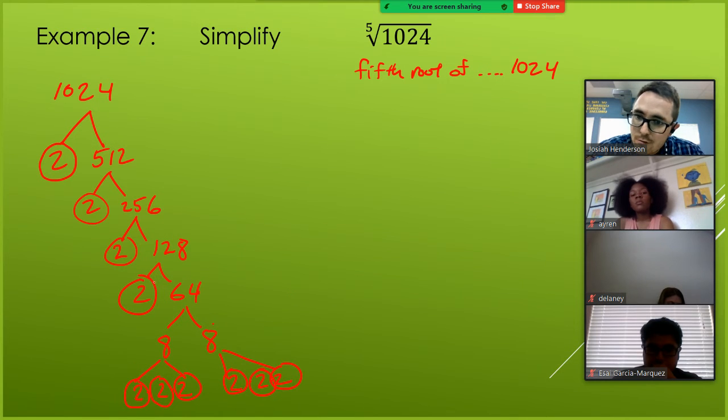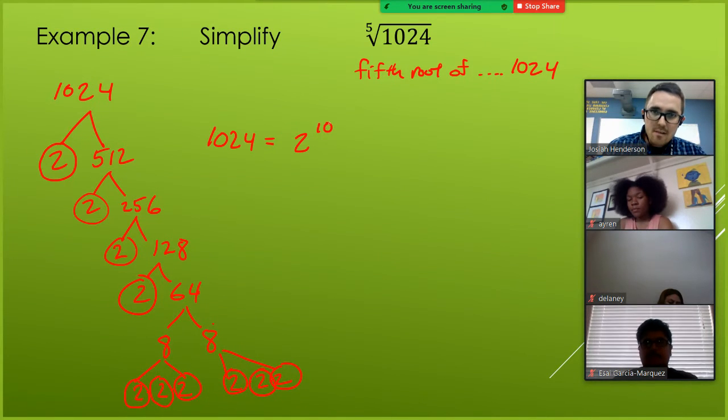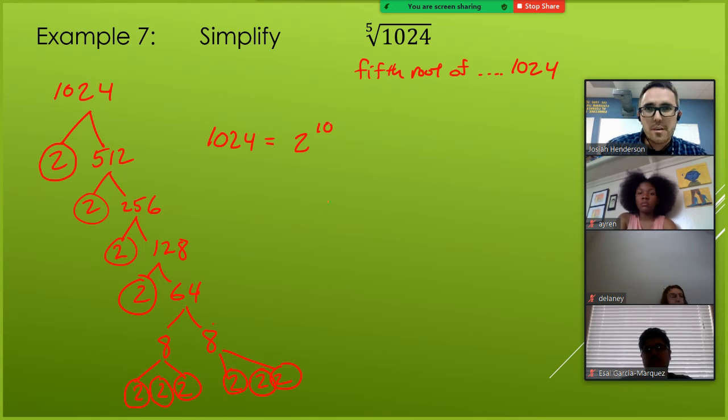It's 4, 7, 10, it looks like. So that means 1024 is equal to 2 to the 10th power. We did all that background work so we could make 1024 easier to work with, because we're living in a world of exponents, and I want to cancel exponents whenever I can, like we've been doing.